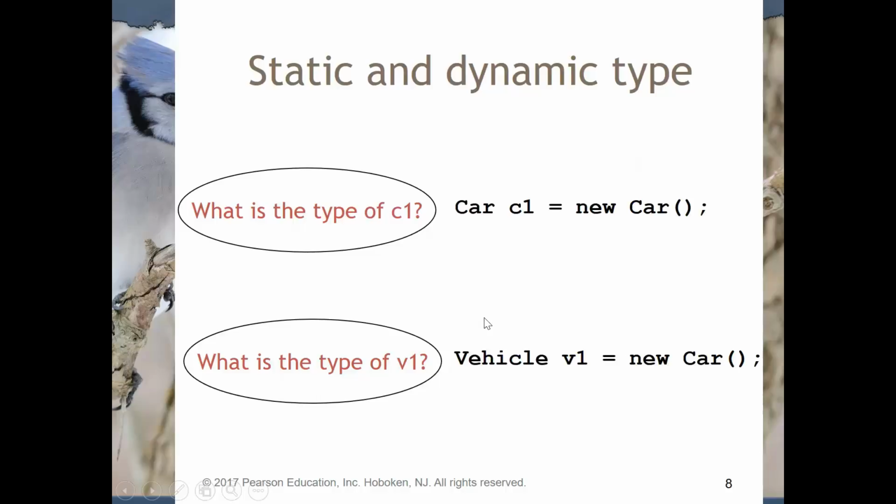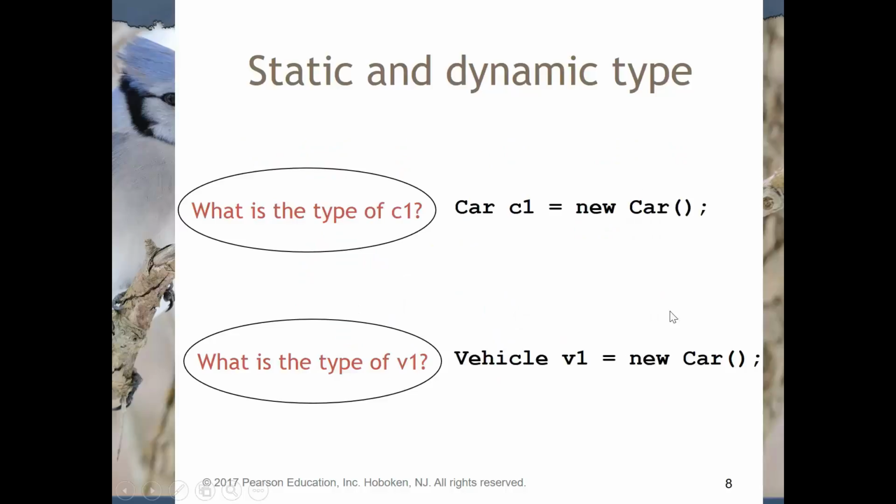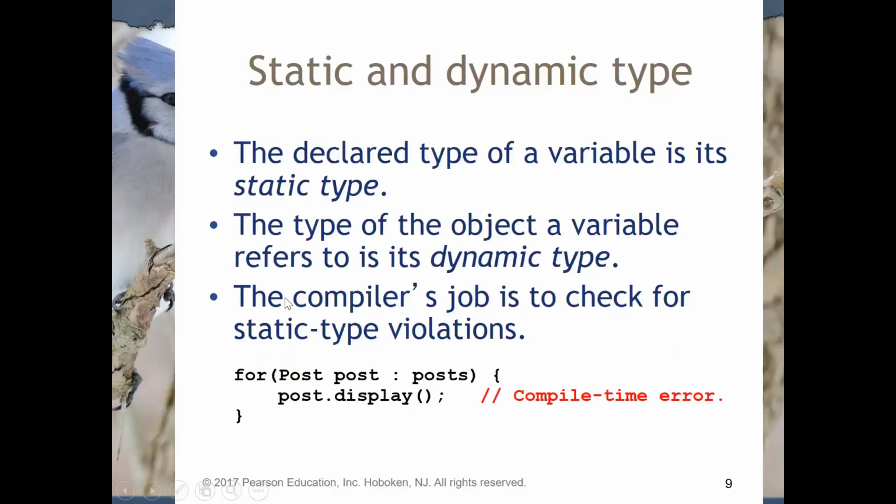Declared. The type of the object a variable refers to is the dynamic type. These are the object or the variable. So, the dynamic type, the static type. The compiler's job is to check for static type violations. So right now, because display doesn't exist in the parent, it would actually have an error here.